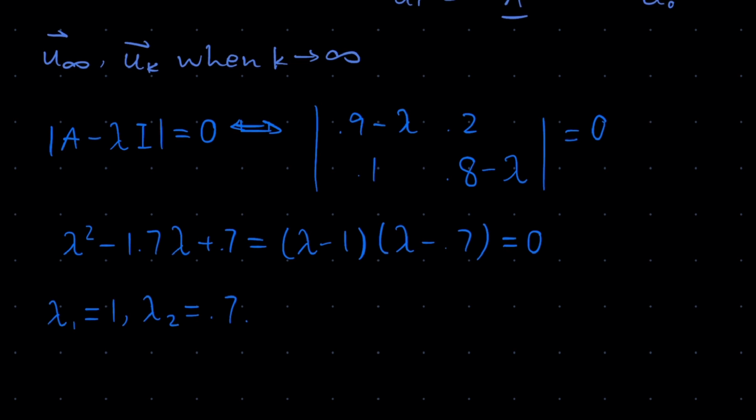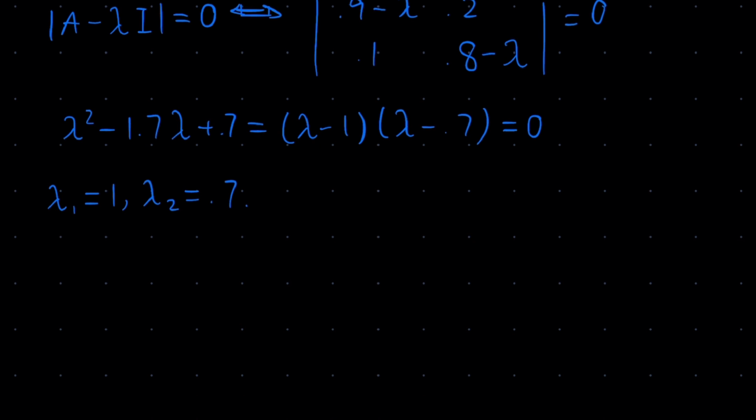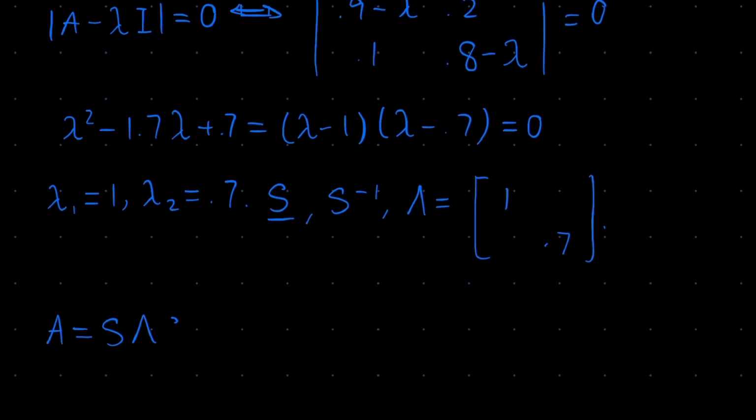Now, its eigenvectors can be put in an eigenvector matrix. I encourage you to do this on your own, but I'm going to diagonalize this very quickly. What we basically do is we put eigenvectors into S, we compute the inverse of S, and we put eigenvalues into the diagonals of an eigenvalue matrix denoted by big lambda. Therefore, A is equal to S lambda S inverse.